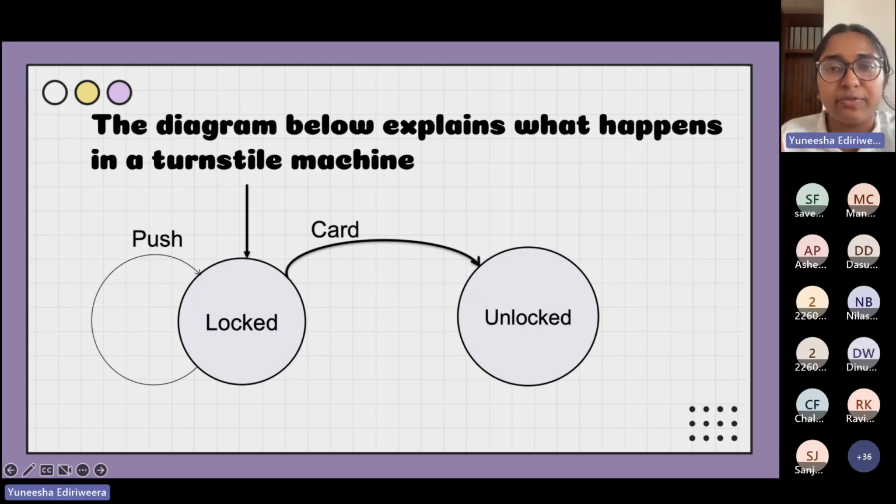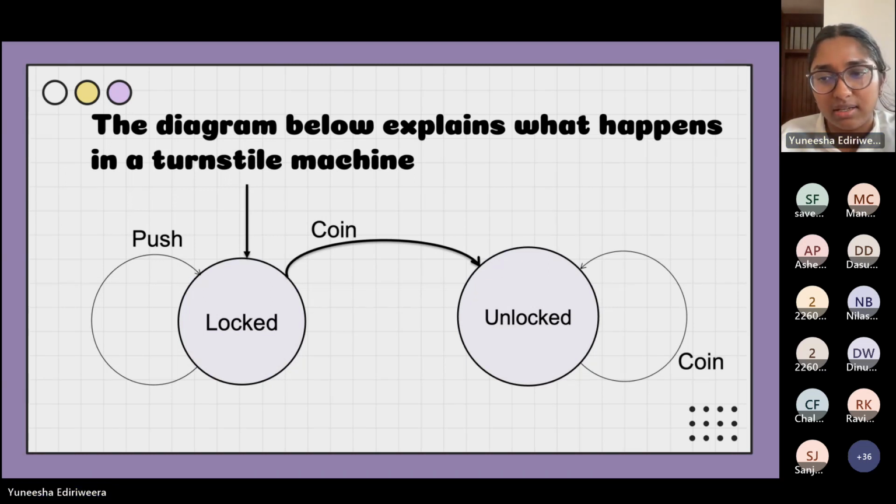But in the lock state, if you swipe a card, you can change the state from locked to unlocked. Likewise, in the unlock state, no matter how many times you swipe an extra card or put an extra coin, it doesn't make any change because the machine is already unlocked.